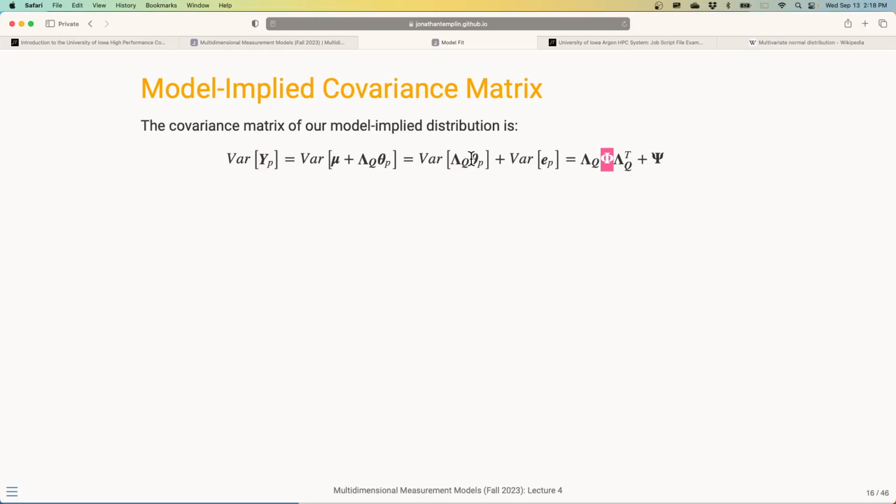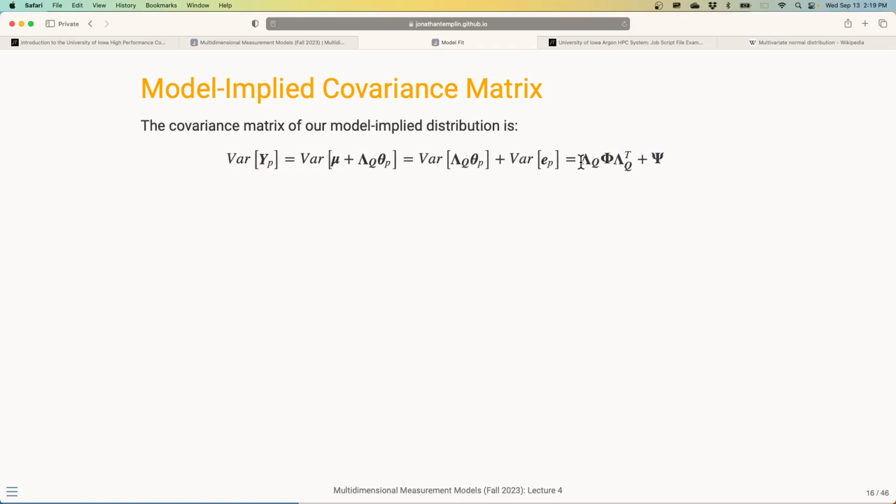So when we multiply theta by a constant, what happens to the variance is what we call a quadratic form sometimes, right? We have to pre and post multiply it by that constant. And in this case, to make the math work, it's lambda times lambda transpose on the other side of that. So that is where you see this form start to show up: lambda phi lambda transpose. Finally, the variance of error, we already defined that to be this psi matrix. So it just stays as itself.